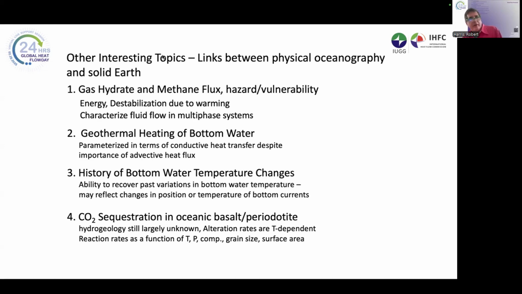Geothermal heating of bottom waters: bottom water temperature variations are often viewed as noise, but it may be signal for people looking at changes in bottom water circulation, history of bottom water changes, that kind of thing. And then finally, CO2 sequestration in oceanic basalt and peridotite is an important topic, and the hydrology of those systems is still largely unknown.